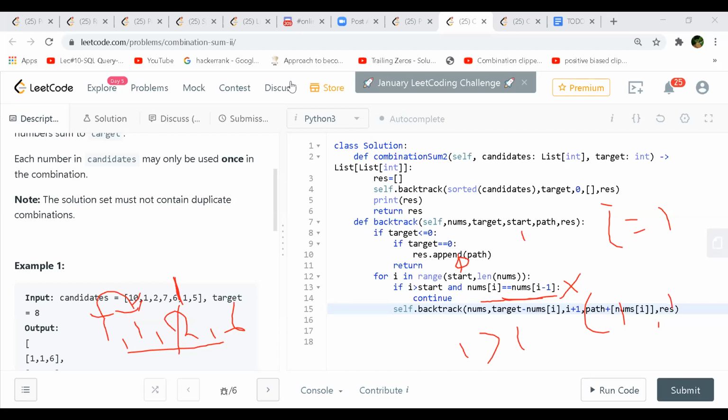Yeah, but you cannot use just the target as your DP state. You'll have to use the array also. Yes, target should not be enough because we know where we are, no? Okay, you mean to say if you have some number, then the target comes to the same value, but in that case the index will be different.